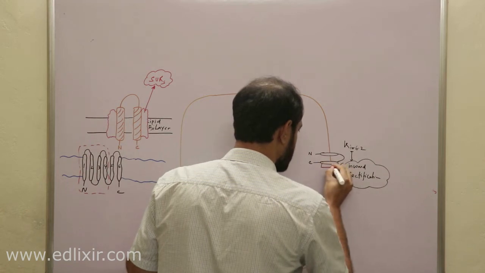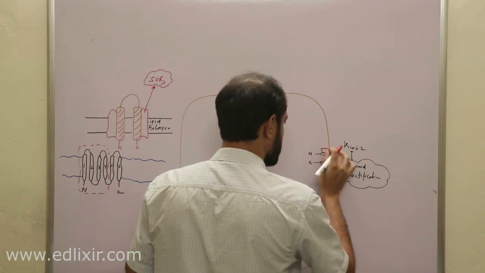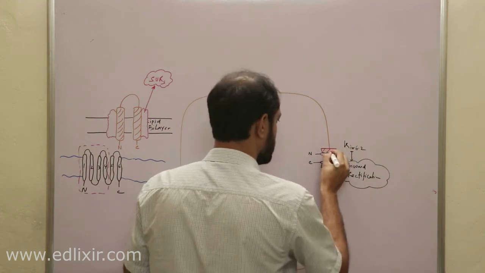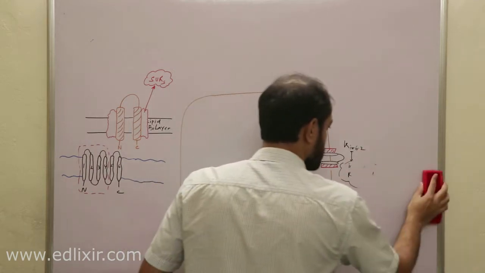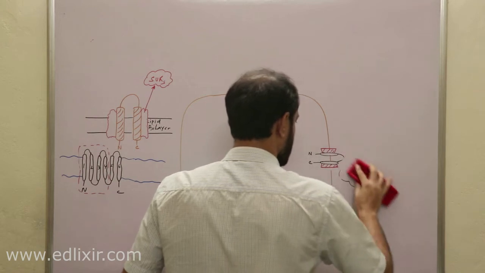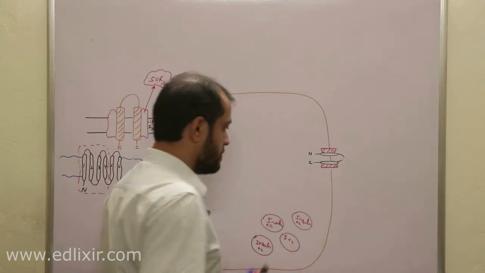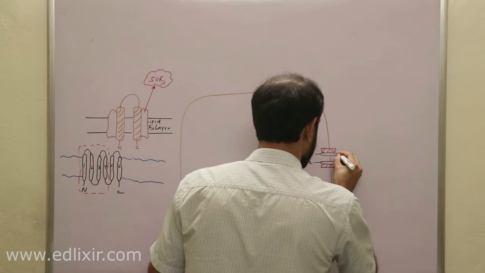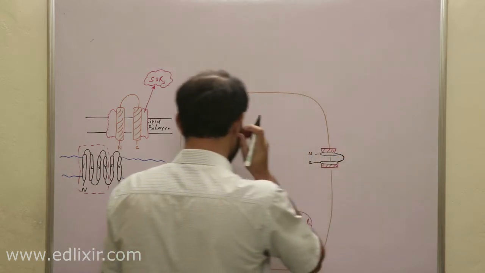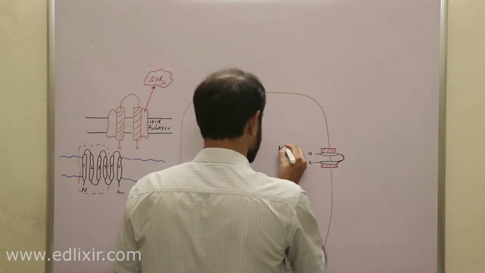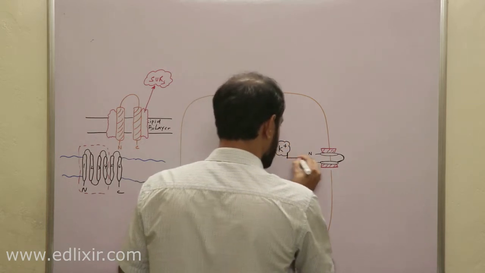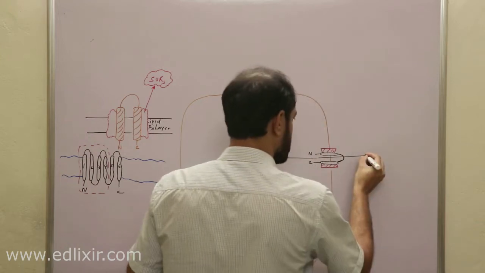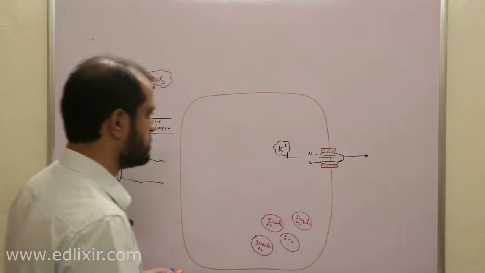This is the sulfonylurea domain, or sulfonylurea receptor, right? A very interesting part here is this: potassium is continuously moving out of the cell through this KIR 6.2 potassium channel.